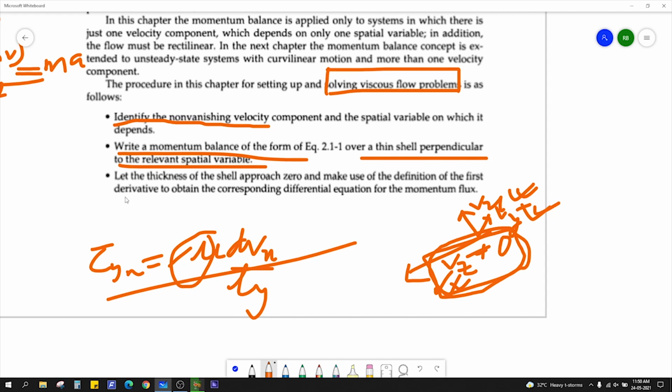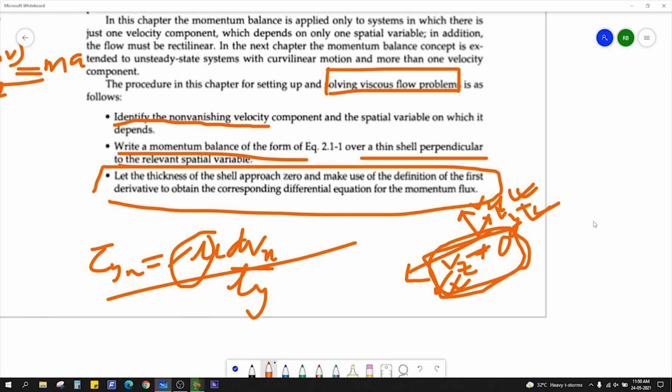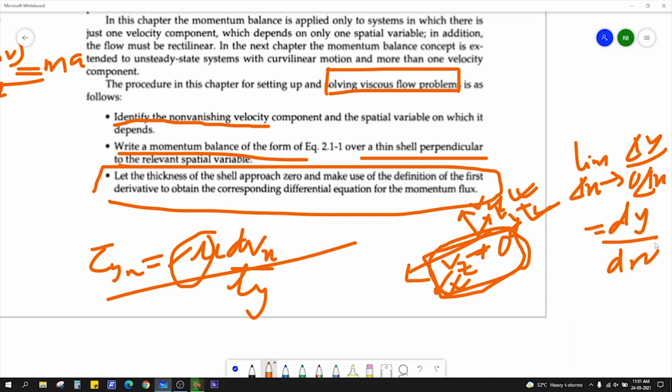Then you have to take the limit that the thickness of the shell goes to 0. Let's say delta x tends to 0, and you have delta y by delta x, so this is nothing but dy/dx, right? So you have to make use of limits. Fine, then you will get this differential equation.